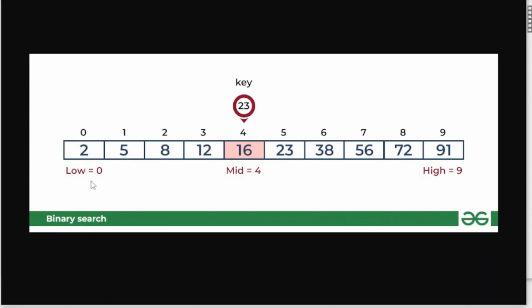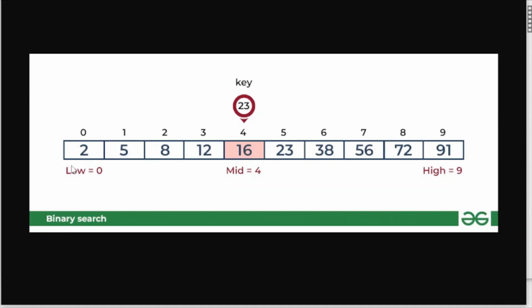The first one is low, which will point to the 0th index of the array, and another variable is high. This will point to the last index of the array. These both variables, low and high, signify the search space. This means our key will always lie between low and high if it is present in the array.